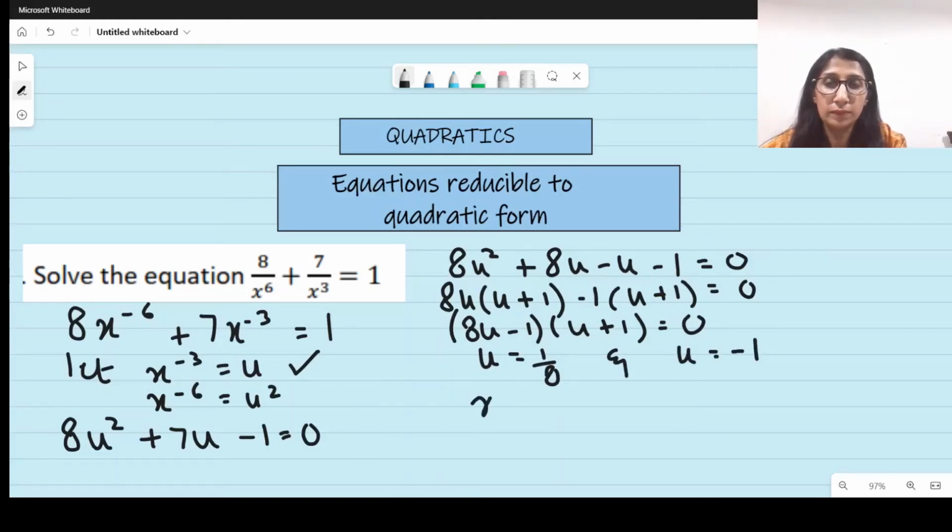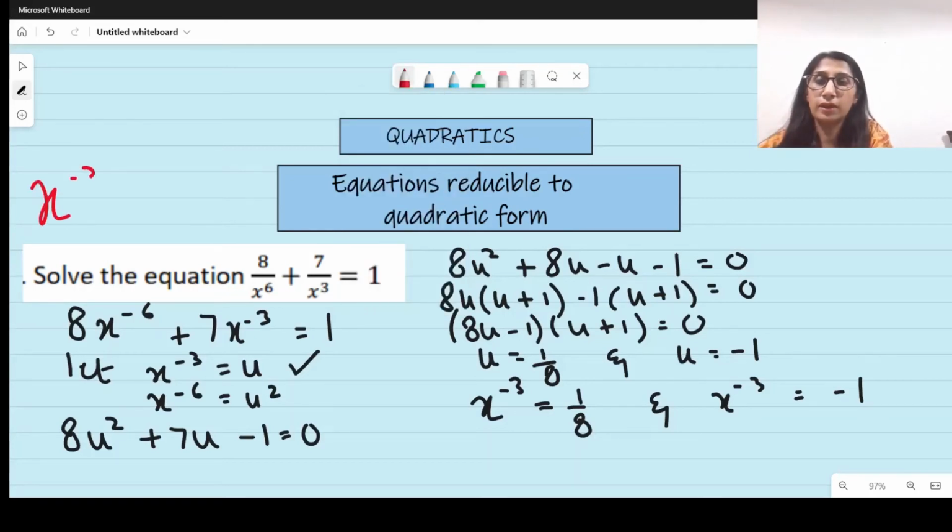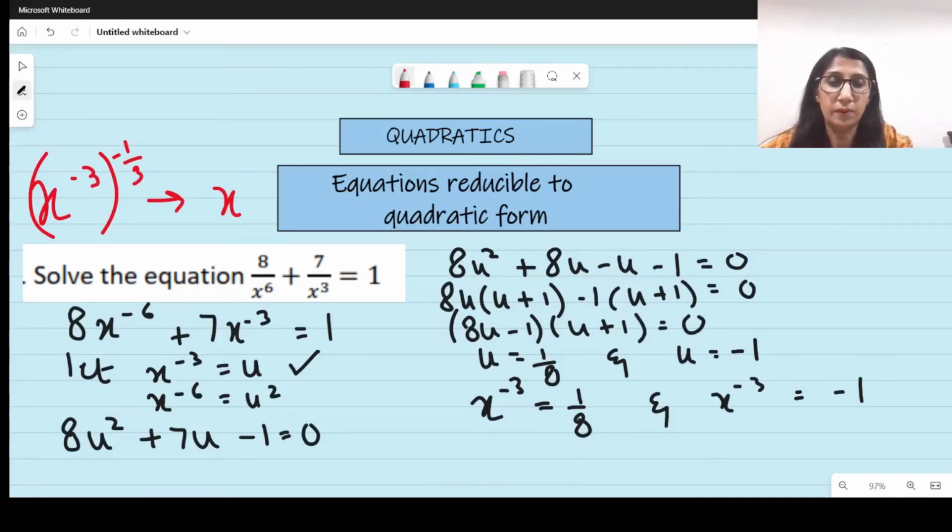Now u has to be replaced with x power minus 3 equals 1 over 8, and x power minus 3 equals negative 1. Now to get rid of the power minus 3, how do I change x power minus 3 into just x? By multiplying this with the reciprocal of the same power.